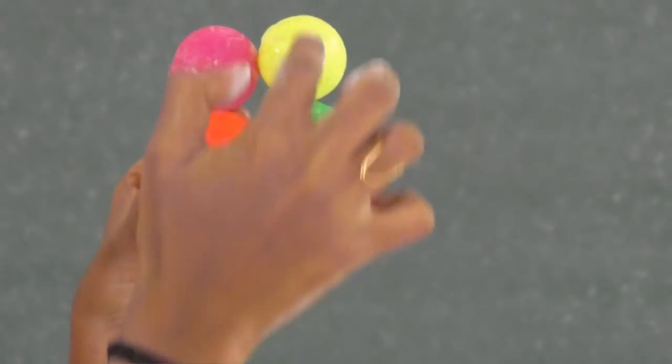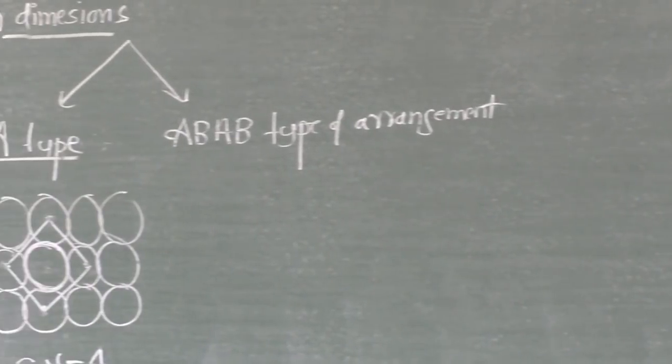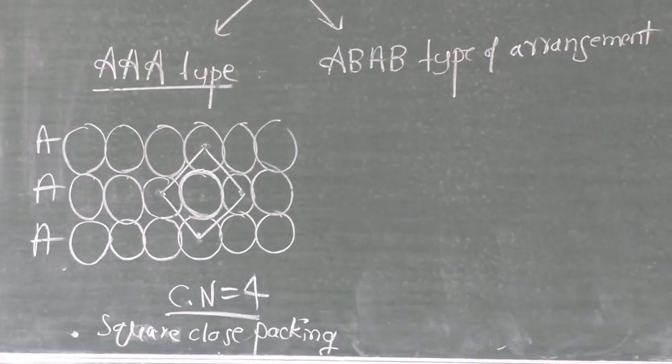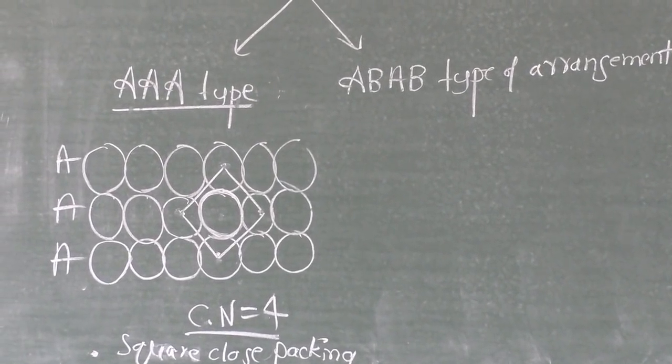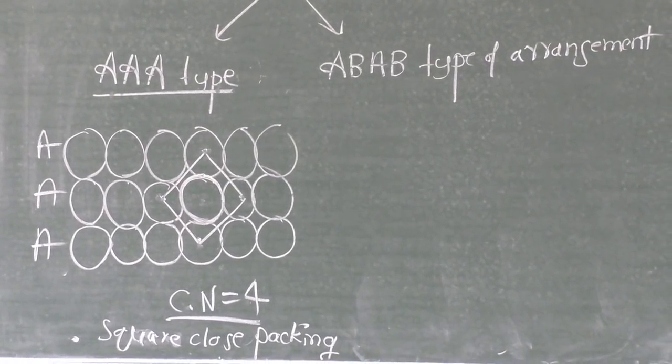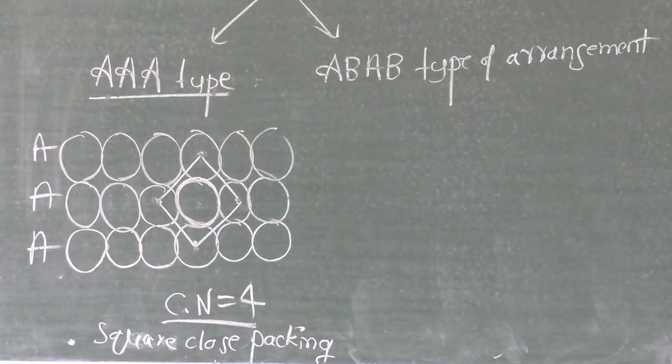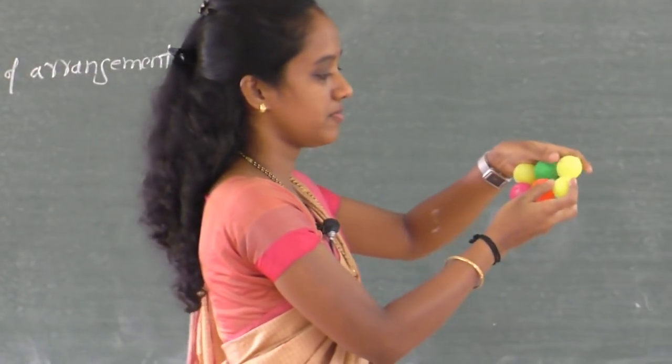The spheres of the second layer are exactly above one another, right? So this is also A type.